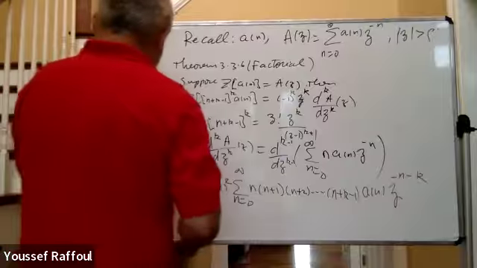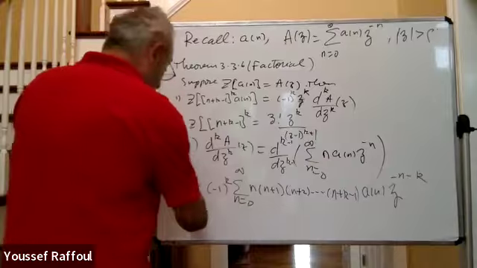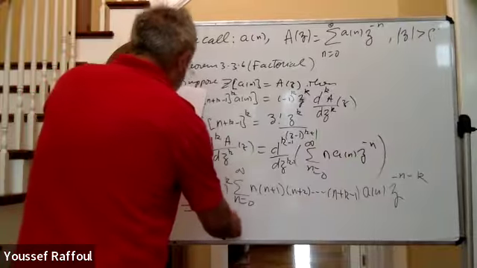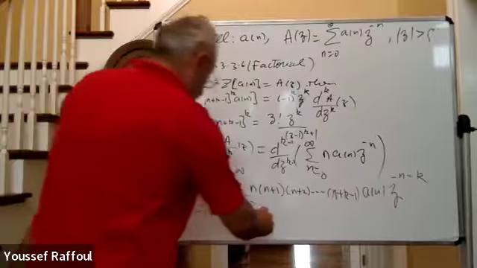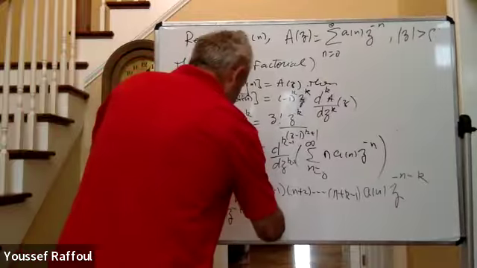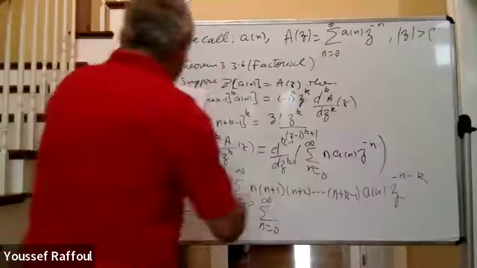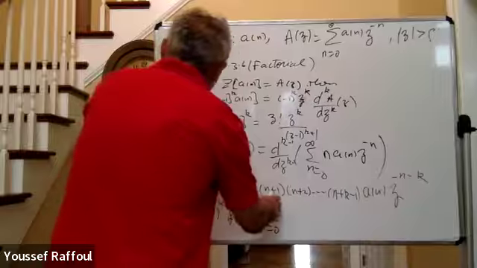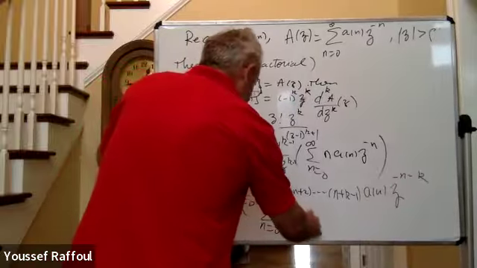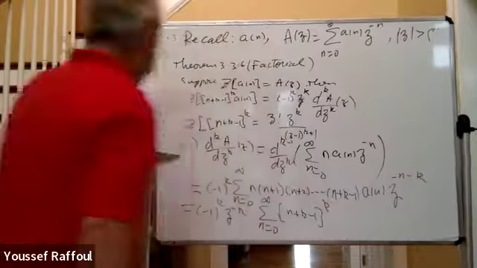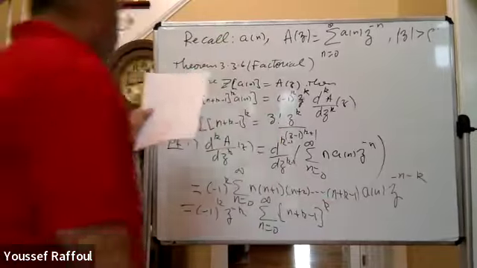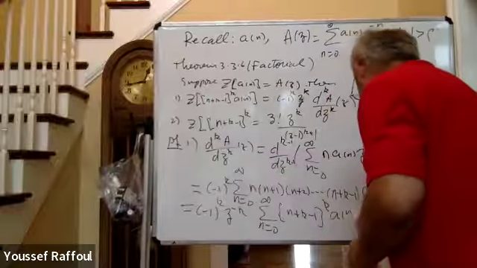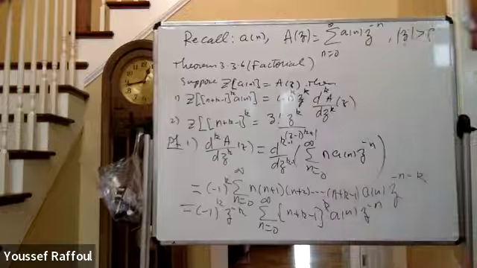If you keep writing this, this is (-1)^k z^(-k), the sum from n equals 0 to infinity, and this factor is going to be (n+k-1)^(k), the factorial function, times a_n z^(-n).